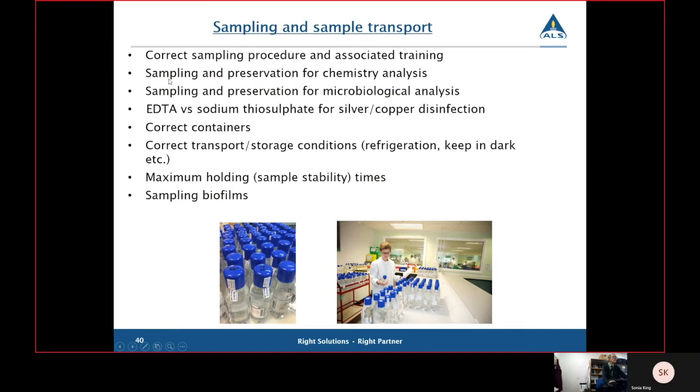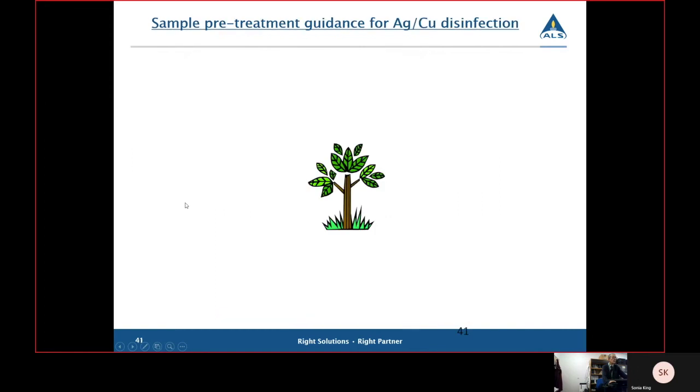Sampling and sample transport. Correct sampling procedure and associated training. Sampling and preservation for chemistry analysis, you've got to consider sampling and preservation for microbiological analysis. I've done this one to death, EDTA versus sodium thiosulfate. Right containers, correct storage conditions, refrigeration, keep in the dark, etc., maximum holding times, and how do you sample biofilms.